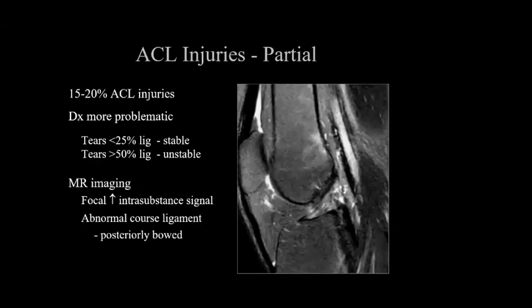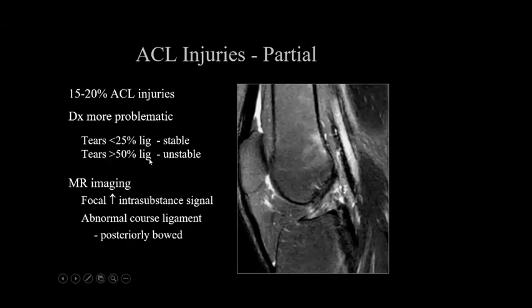Okay, here we have another type or pattern of ACL tears, which are the partial tears of the ACL. To be honest with you, we don't quite quantify the amount of the ACL tear. There are studies that looked at the ACL tear and quantified them into less than 25% or more than 50%.